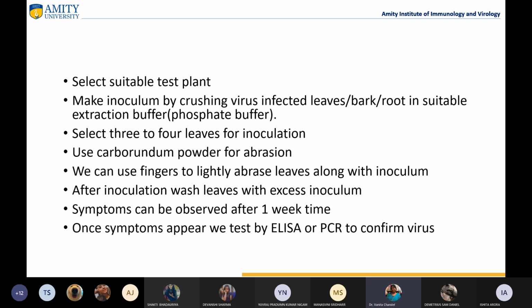And once it is confirmed, then we can designate it as a pure culture, that now we have the pure culture of this particular virus, and it can be used for various other lab studies. This is the generalized procedure that we discussed, and it could be modified when we are working with different viruses or different hosts. So it can vary, right?